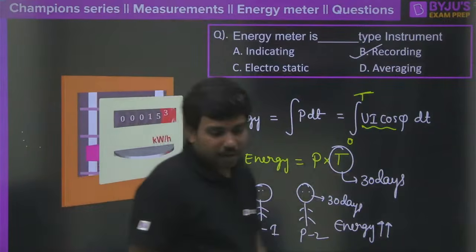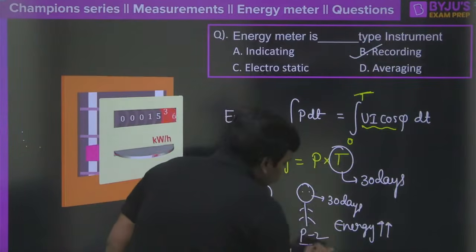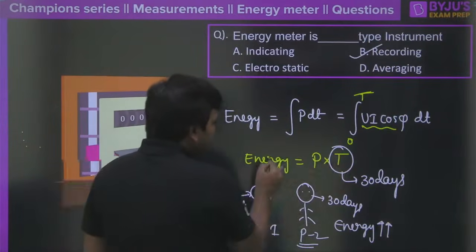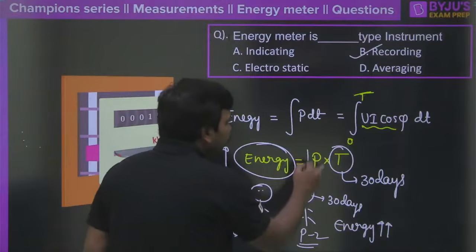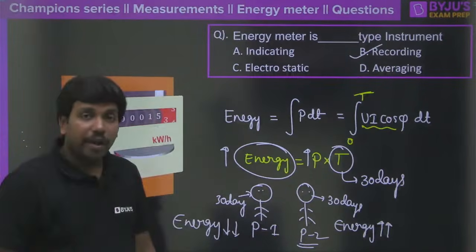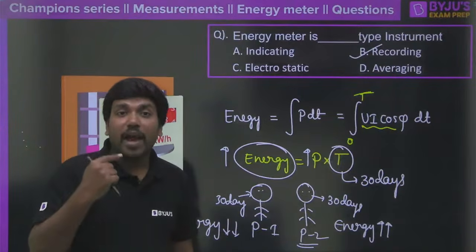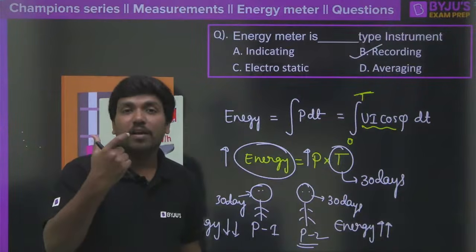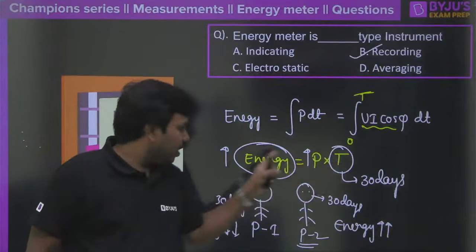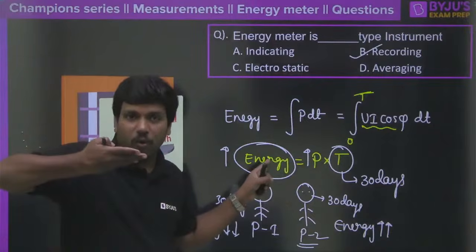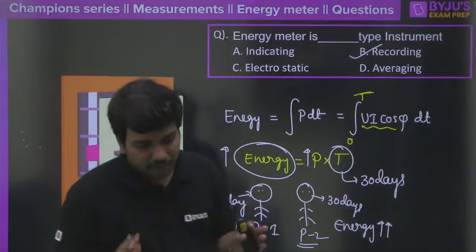Gurumurthy, where is the power consumption more? Power consumption is more in the second case, because the time is fixed. If the energy consumption is more, the power consumption should be high. So with the help of energy calculation, we are actually looking at the power consumption. I hope this is clear to every one of you.